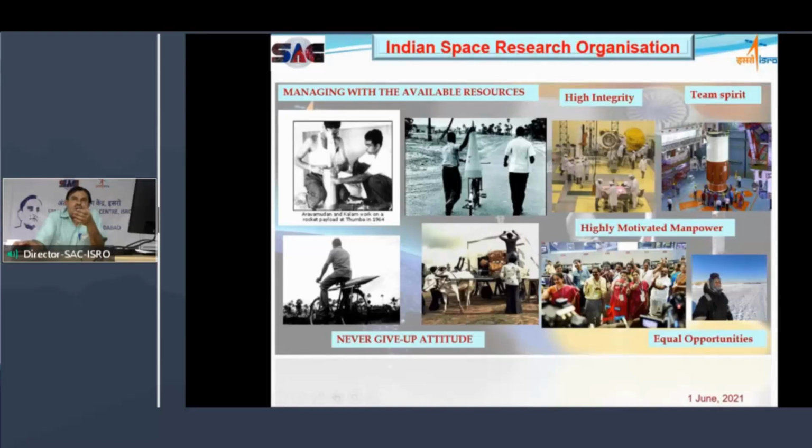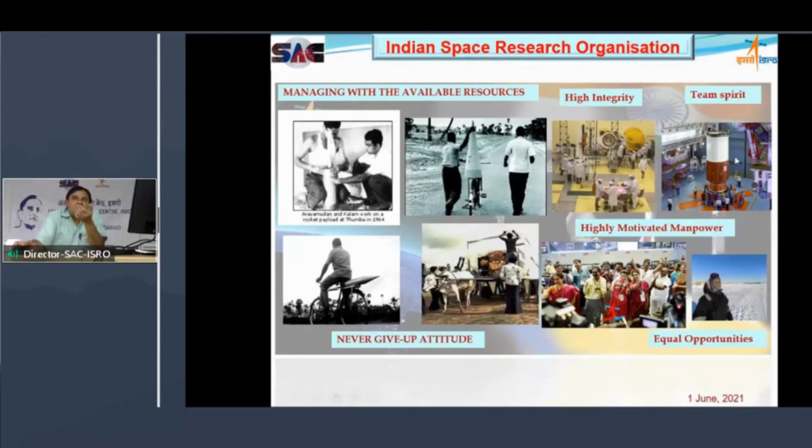Satellite work is not the work of an individual, it is teamwork. If you don't have teams who work in unison and synergy, you cannot achieve. That is the basic principle behind the success of ISRO.